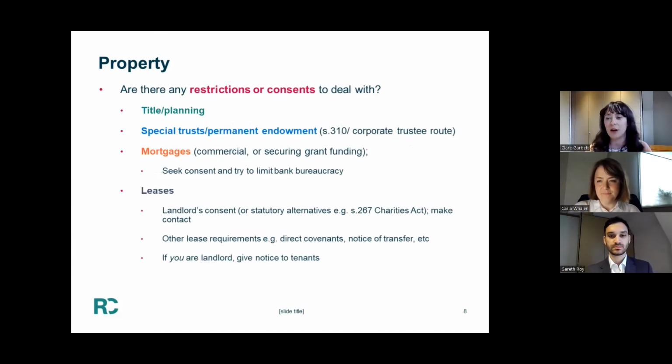But there may also be other things on the title that might even mean that you can't transfer the property at all, or that there are various difficulties with doing so. Also worth checking the planning position related to the property, because sometimes you can have personal planning permissions which name this specific charity as being the only entity that's allowed to operate from the site. Hopefully you'd be able to find ways around that, but that's something to check as well.